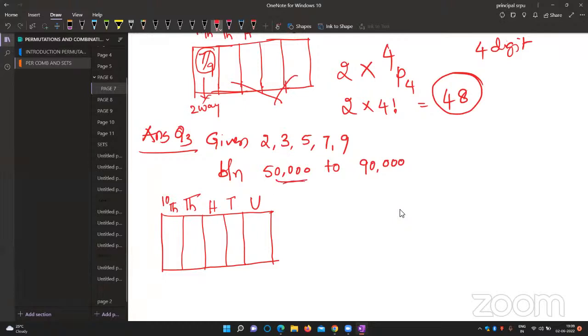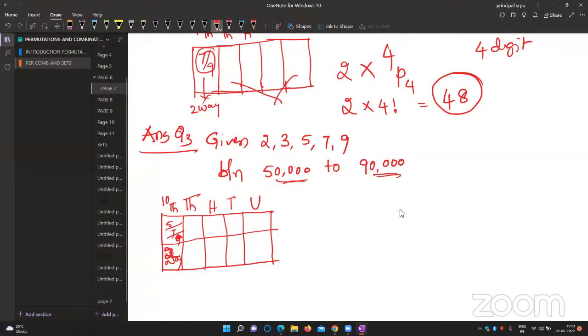Between 50,000 and 90,000 means this place can be filled by 5 or 7 or 9. Sorry, 9 cannot be, because 9 means it will go above 90,000. That is 2 ways, 5 or 7. Any one number is gone.